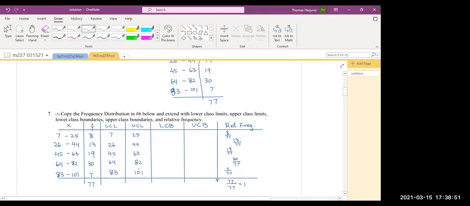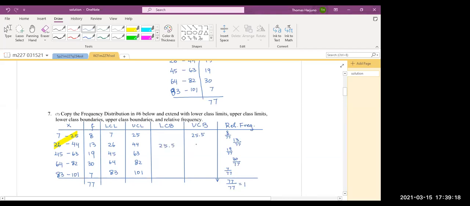Okay, now then how about the upper class boundary of the first class? That will be the midpoint of these 2. Okay, what's that? 25.5, the midpoint of those 2, right? Now, they share boundaries with the next class, so on and so forth.